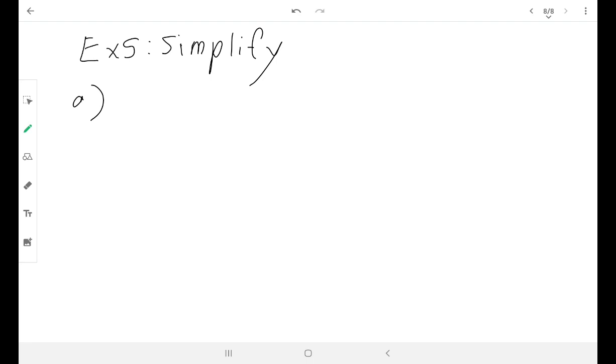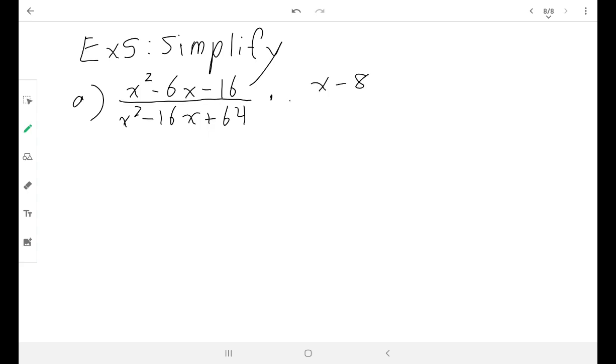So we'll do part A, and these are just getting a little more involved as we go, that's all. x squared minus 6x minus 16, all of that over x squared minus 16x plus 64, times x minus 8, all of that, over x squared plus 5x plus 6.